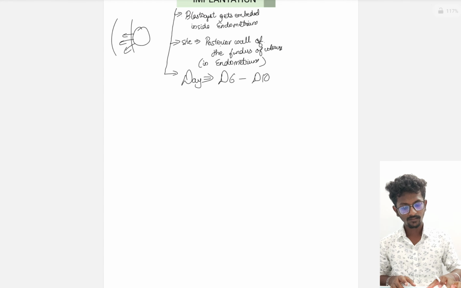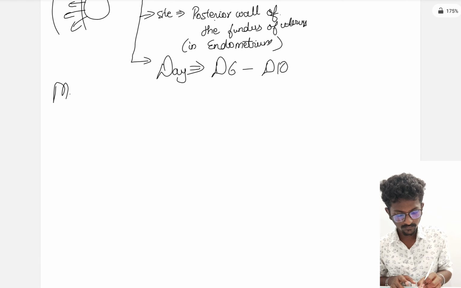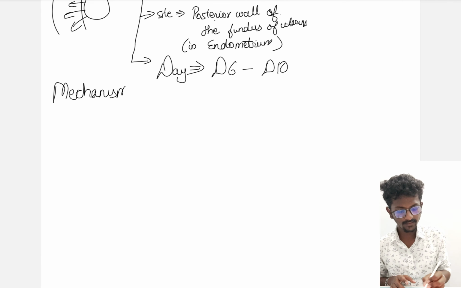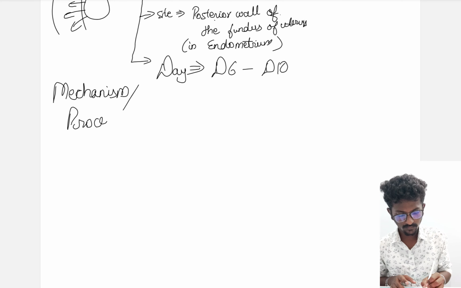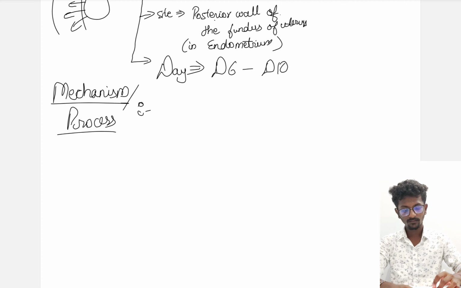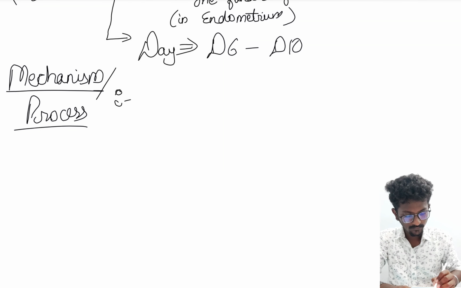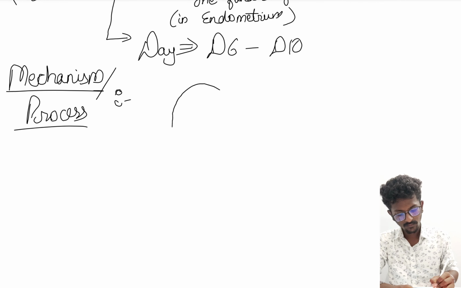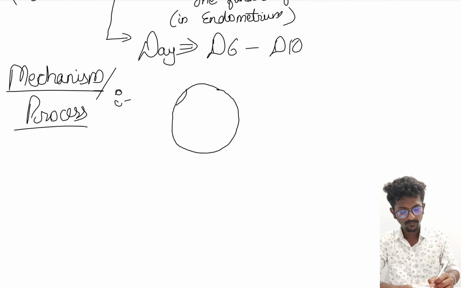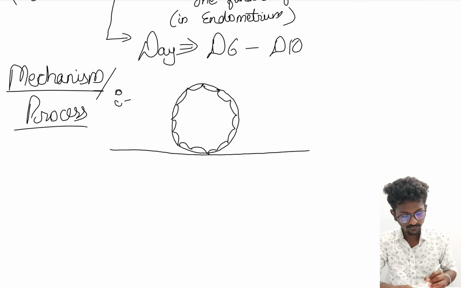Okay, let's reduce the size. Now let's learn the mechanism or the process of implantation. So assume this is the outer cell layer and this is the uterine wall.